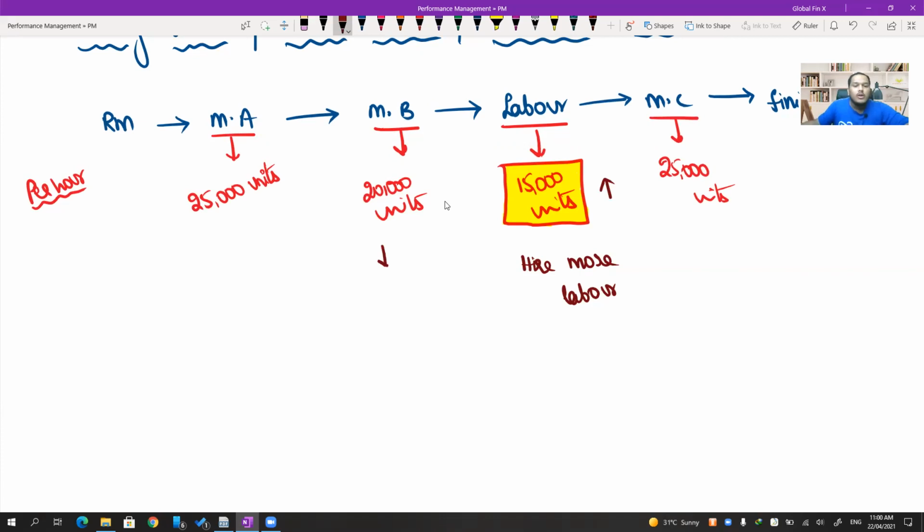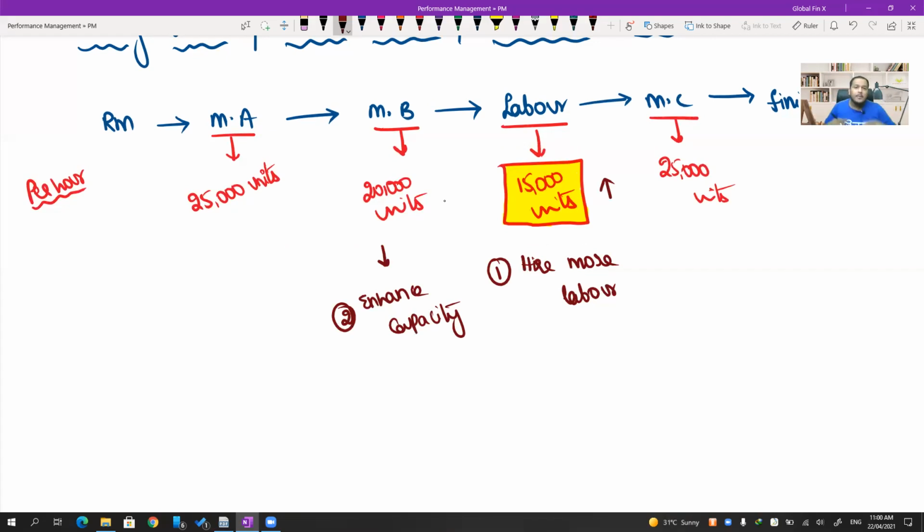Then you will replace machine B or enhance its capacity. So step 1, hire more labor. Step 2, enhance machine B's capacity to 25,000. Then all of them will work on a 25,000 basis, and we will not have any more bottleneck resources.